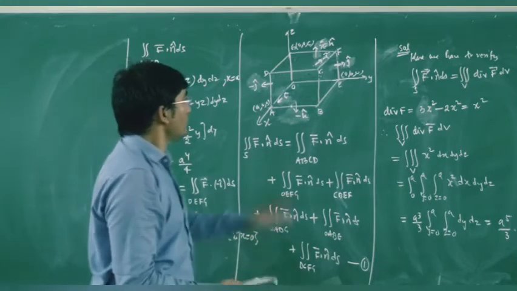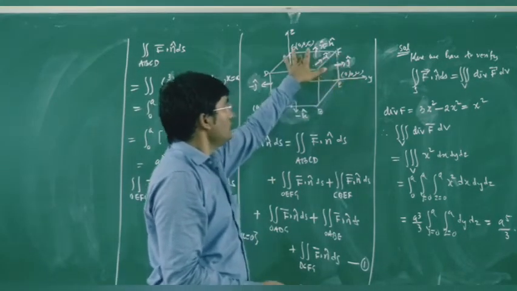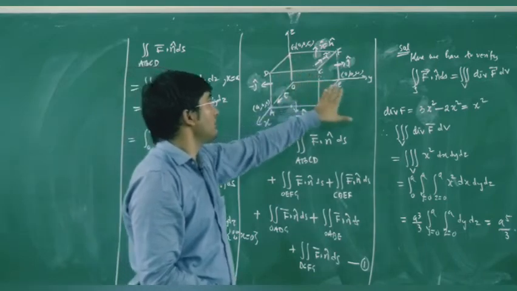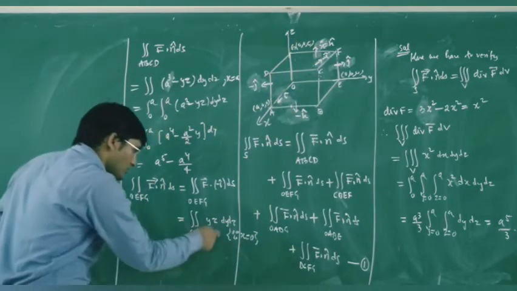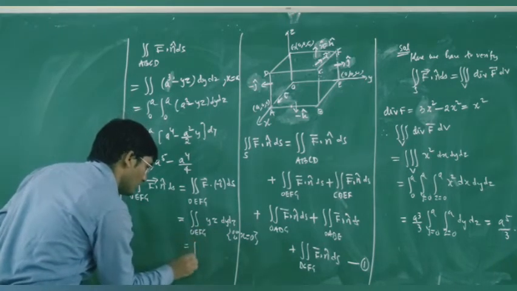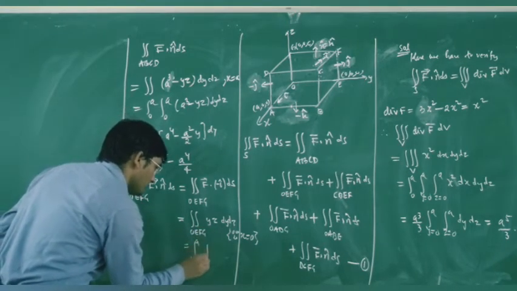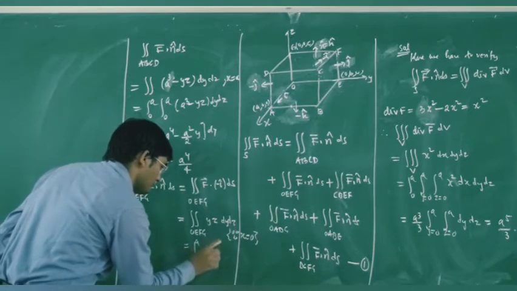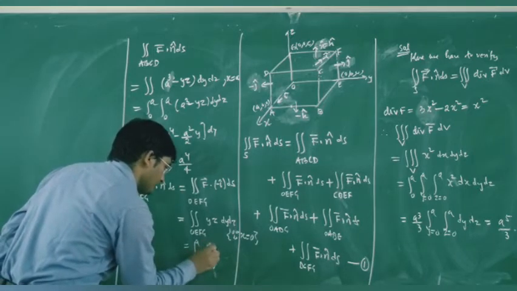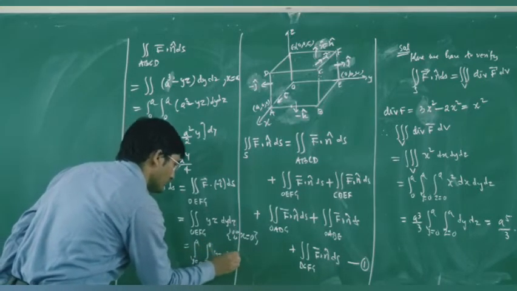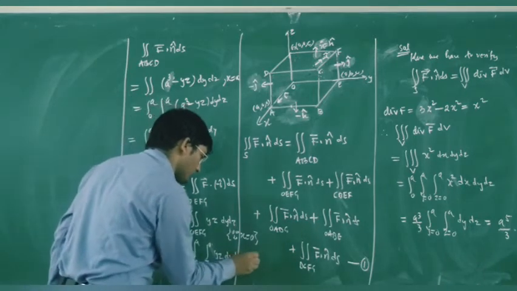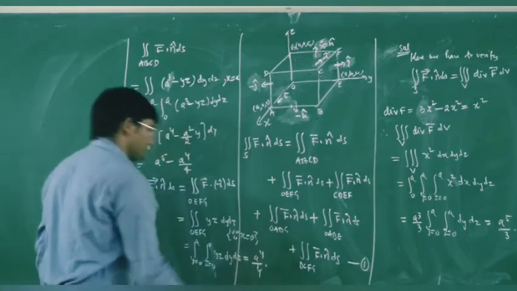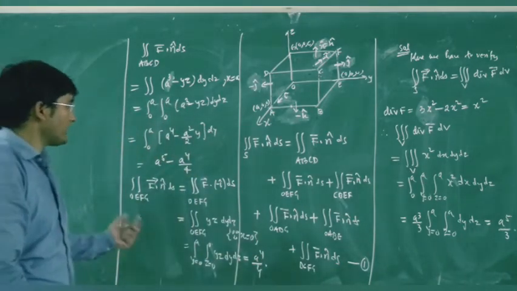Please note that this portion OEFG is in the yz plane, and for that we have x equal to 0. Now the integration is from y equal to 0 to a and z equal to 0 to a, yz into dy dz. The integration of y will be y square by 2, the integration of z will be z square by 2, so this is a power 4 by 4. So this is your second integral.